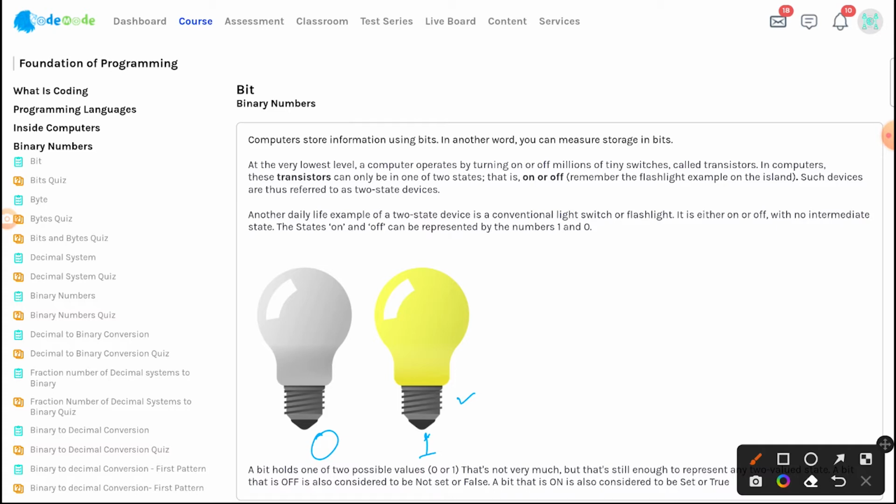Think of this as an example I had already given in one of the classes, in which I talked about two islands on which you and your friends are present, and the only thing you have in your hand is a flashlight.